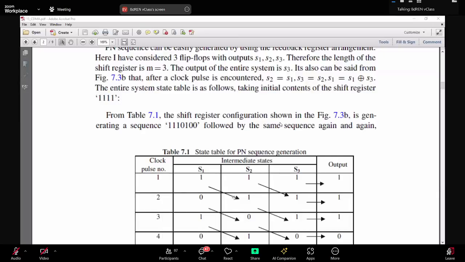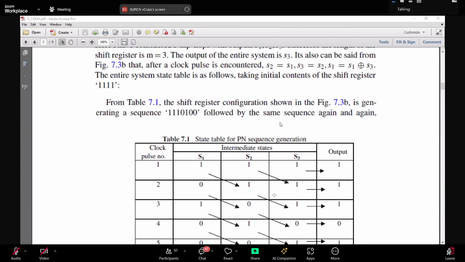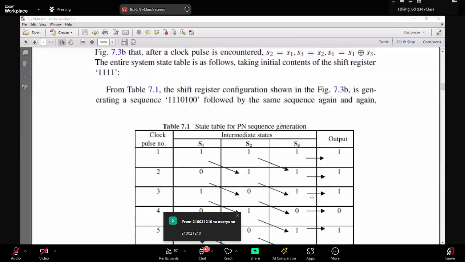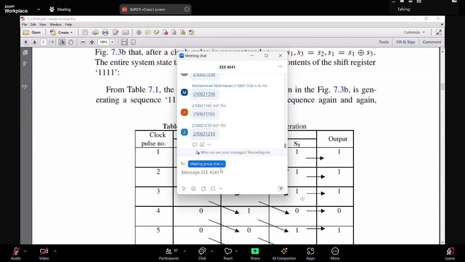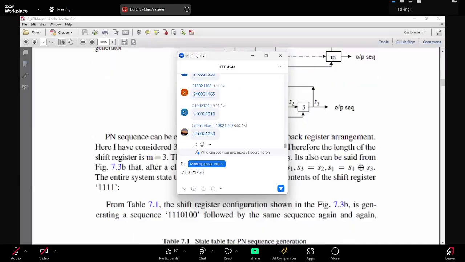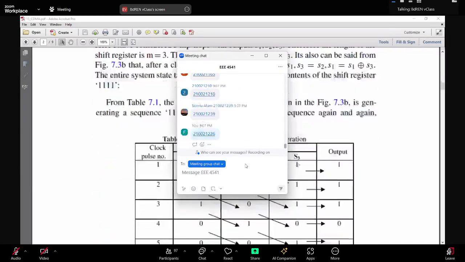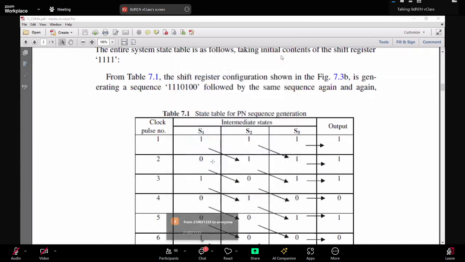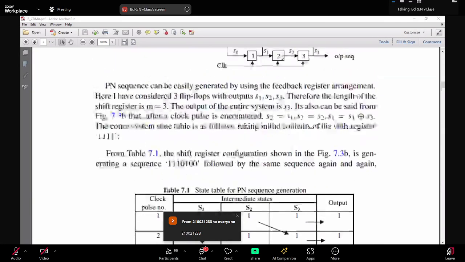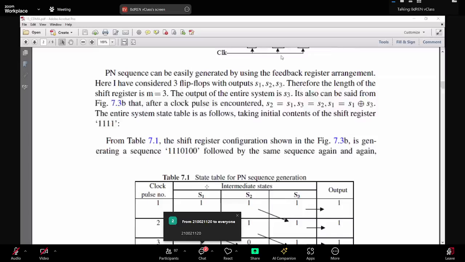Then in the next clock pulse, they are forwarded here, and S3 and S1 at this stage are different, 0 and 1. So in the next clock pulse, you get 1 here.